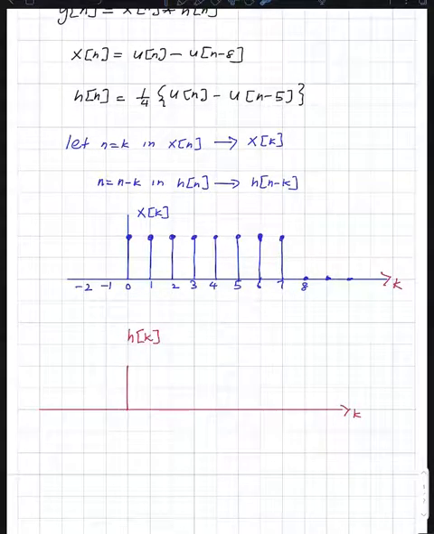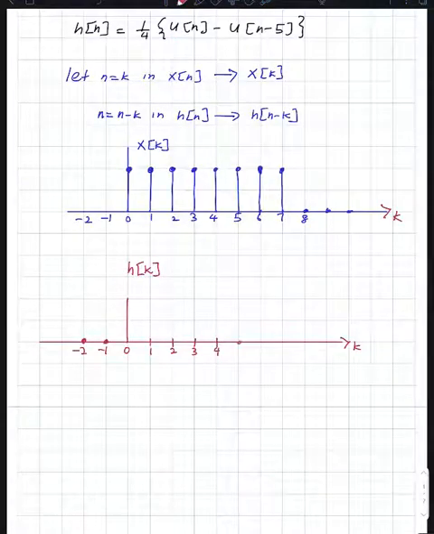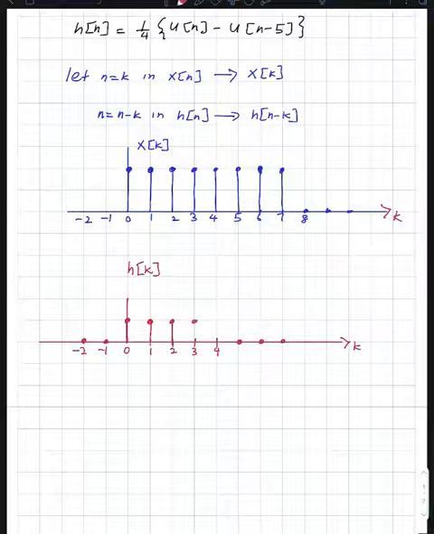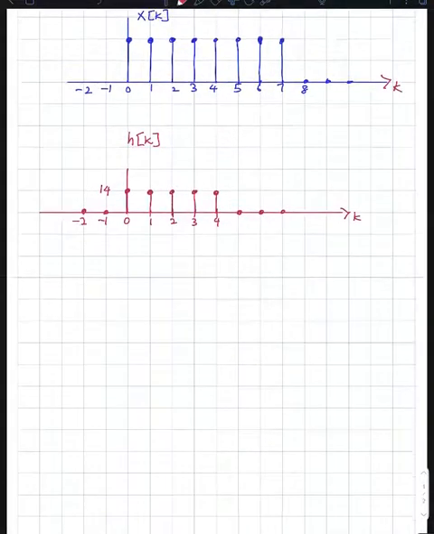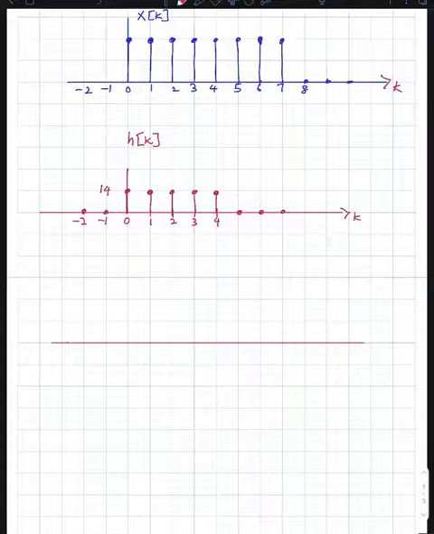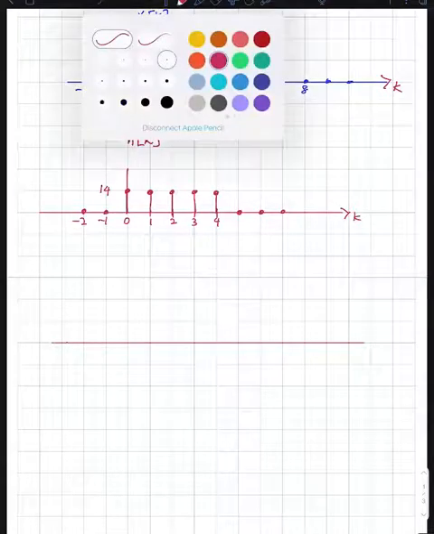Then x[k], just replacing n with k here. Wherever there's n it is going to be k. So we're going to plot this first. The amplitude is 1/4. Next we will plot h[minus k], which will be the inversion of h[k].